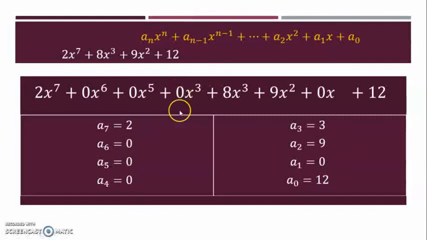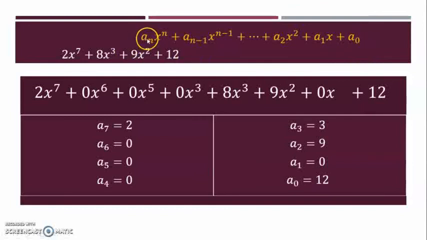Then a4 x to the power 4, and a4 is 0. Then a3 x to the power 3, where a3 is 8. Then a2 x to the power 2, and a2 here is 9. Then a1 x to the power 1, and a1 is 0. And a naught, or a0, is the constant term, that is 12.